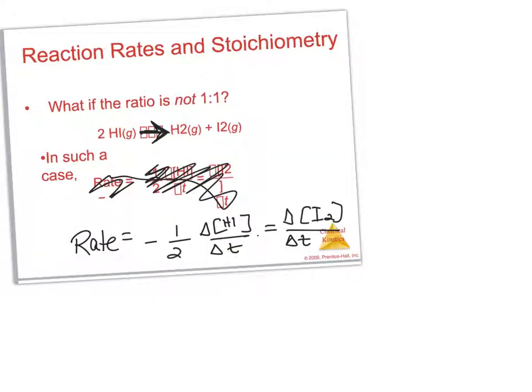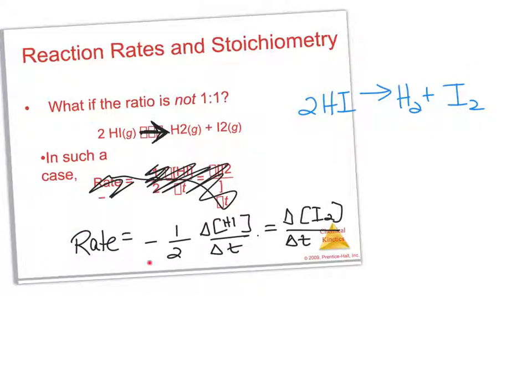So what if the ratio is not 1-to-1? Here we have a reaction where we have 2 hydrogen iodides decomposing to make hydrogen gas and iodine. So it's not a 1-to-1. We have 2-to-1 here. I'll rewrite this in case these are subscripts over here. So I've rewritten it over here. And what if you've measured the rate of your I2?